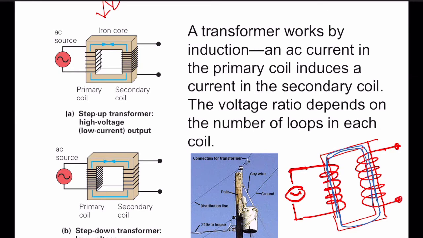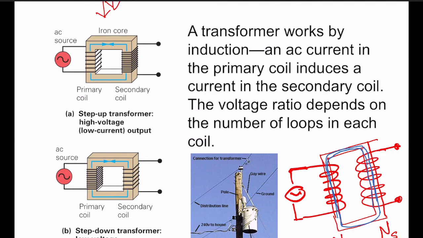So there you connect whatever you want to provide a voltage to. Okay, the number of turns on the primary, let's call that NP, and the number of turns on the secondary, let's call that NS. And so this is a transformer, right?